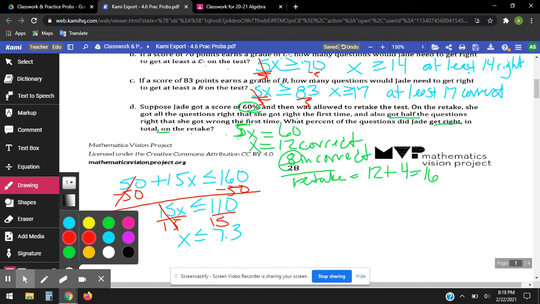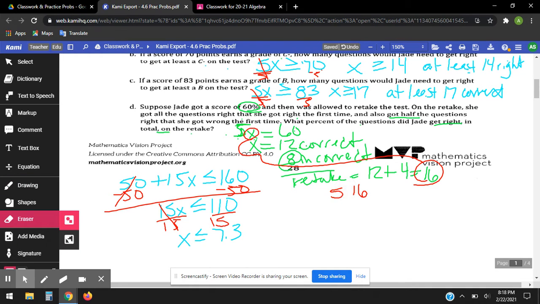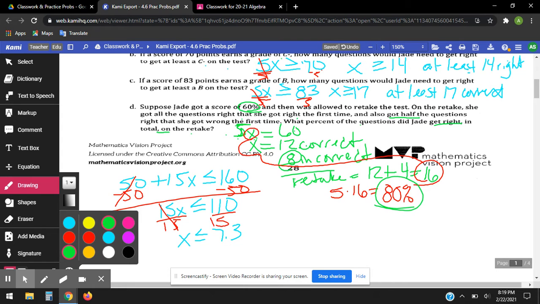So now we want to take this 16 and plug it in. And so 5 times 16, oh, I shouldn't use an X in there, should I? Because that'll confuse us. 5 times 16 is an 80%. So the second time around, she got an 80%.